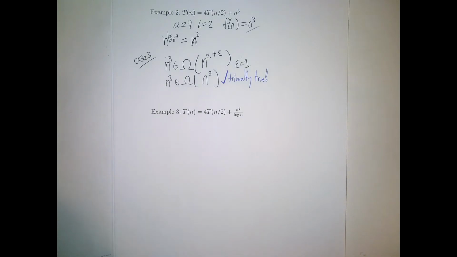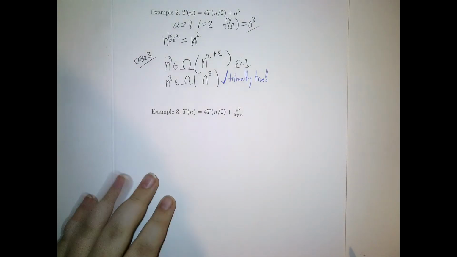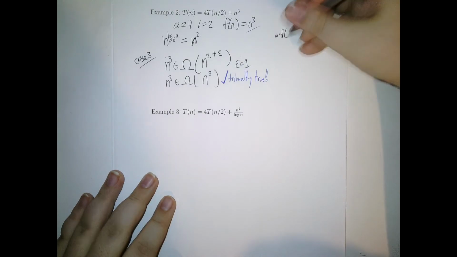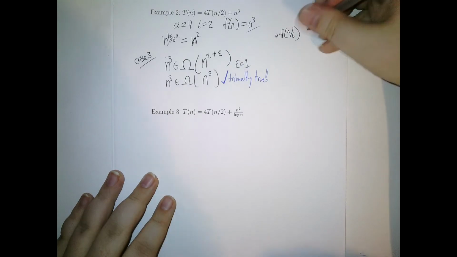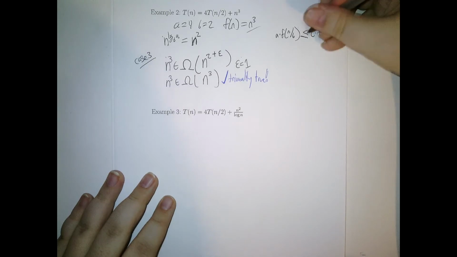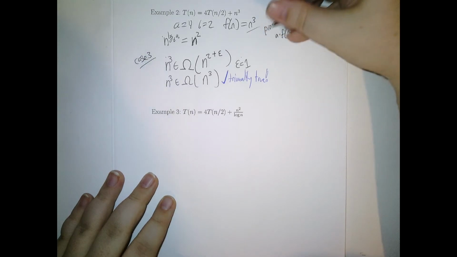Again, if you want to have the page open, you can grab it from Blackboard. It says that we want to prove that a times f of n over b is less than or equal to a constant c times f of n. All right, we want to prove this.